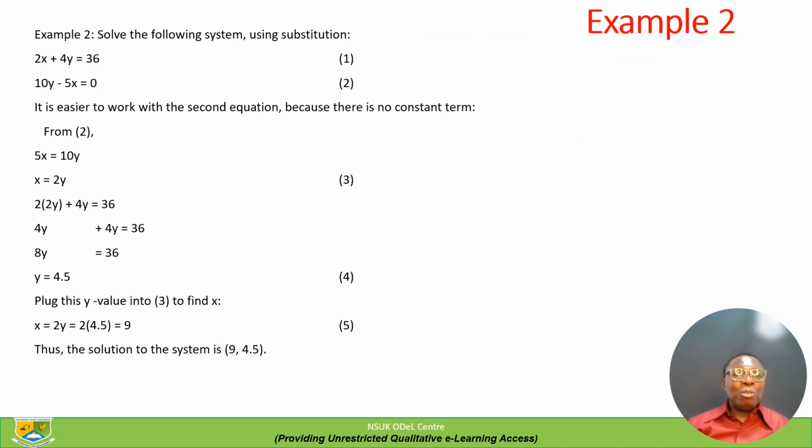Now example 2. Solve the following system using substitution. 2x + 4y = 36, let's say equation 1. Then 10y - 5x = 0, equation 2. It is easier to work with the second equation because there are no constant terms. Get it? There are no constant terms. So from equation 2, 5x = 10y, and then x = 2y.